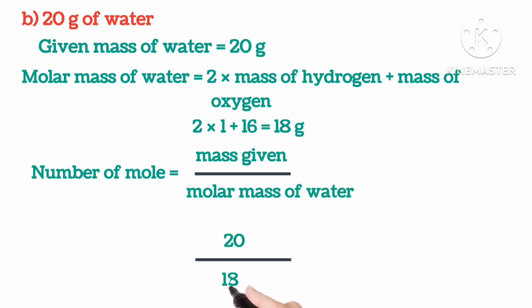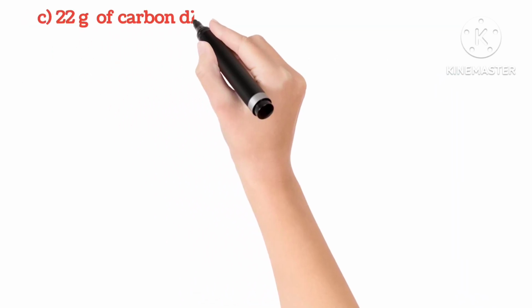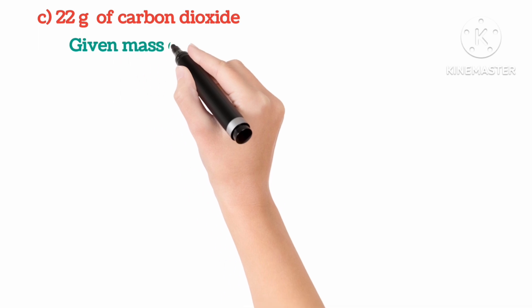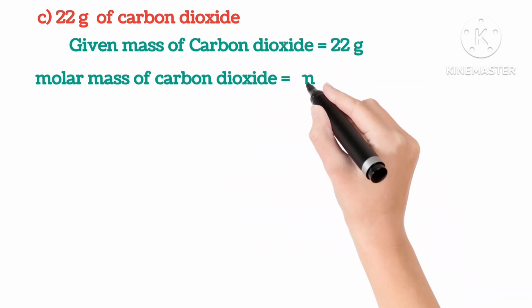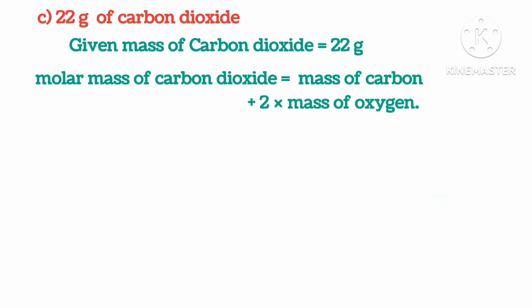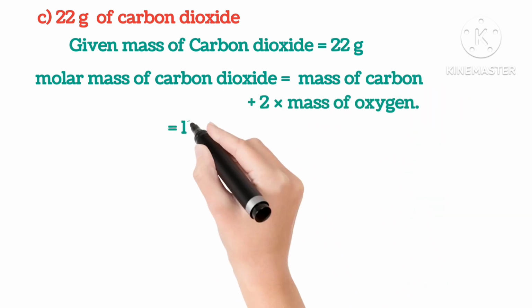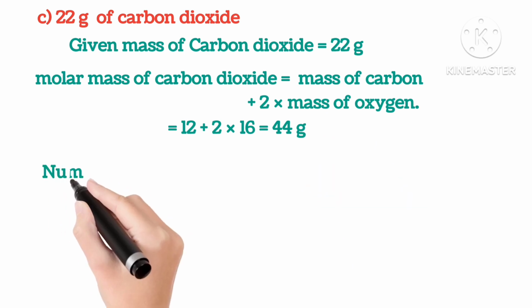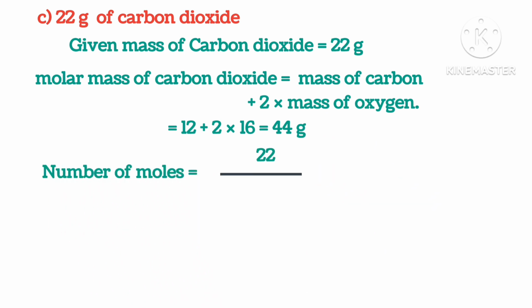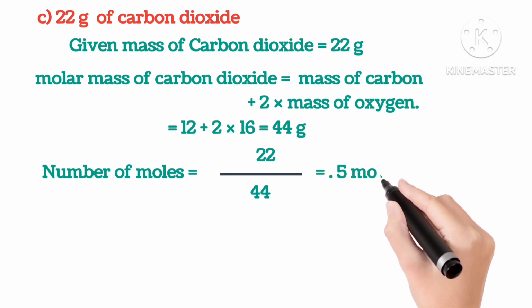Writing down the values, we get 20 upon 18, that is 1.11 moles. 22 grams of carbon dioxide. Given mass of carbon dioxide is 22 grams, molar mass of carbon dioxide will be mass of carbon plus 2 into mass of oxygen. So putting the values, we get 44 grams. So number of moles will be, putting in the same formula, 22 upon 44, that will be equal to 0.5 mole.